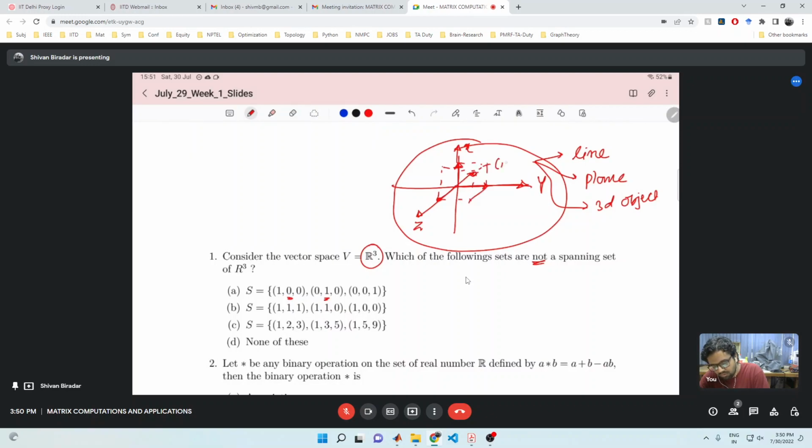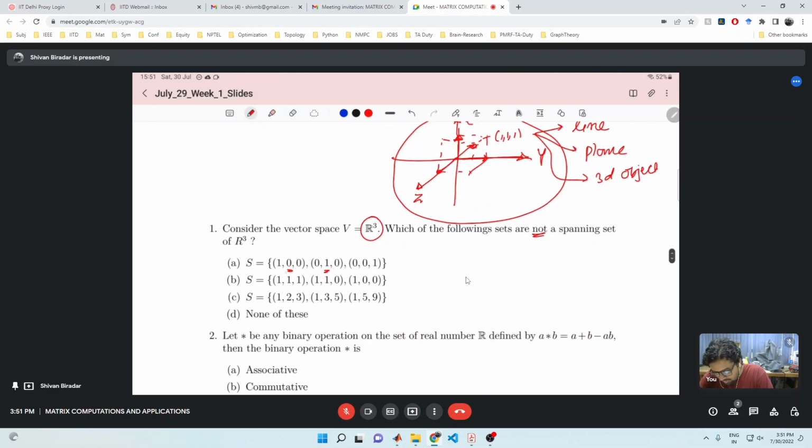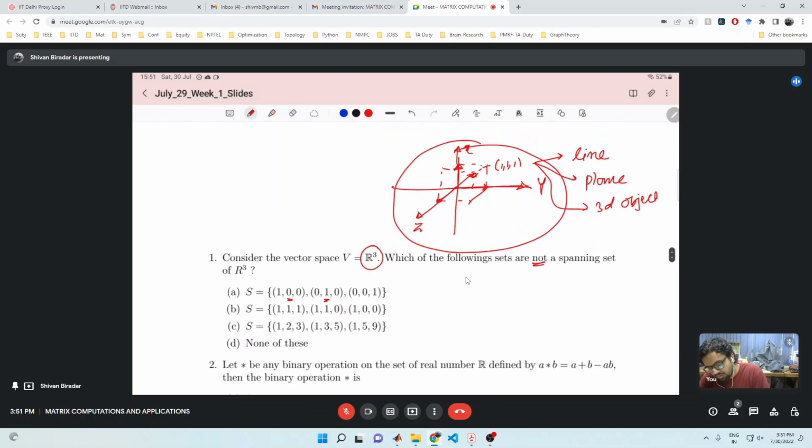That would be (1, 1, 1). So this one point, can these three vectors span your whole R3 space?